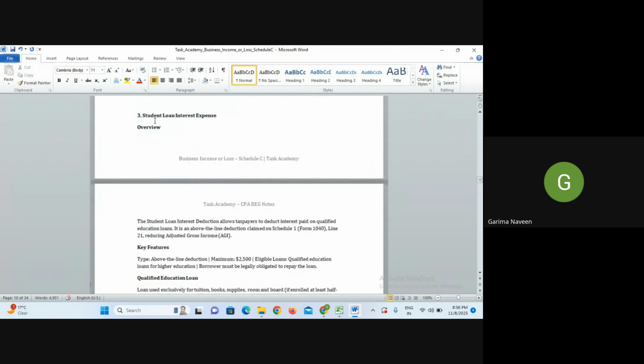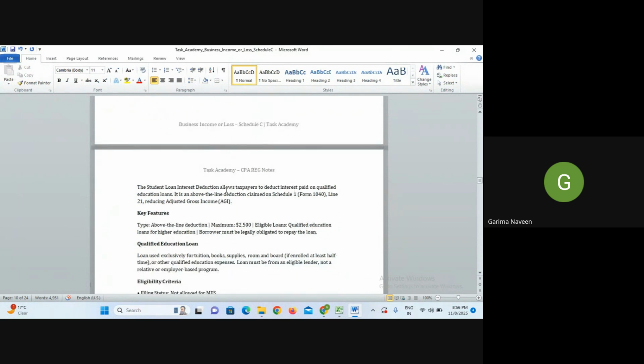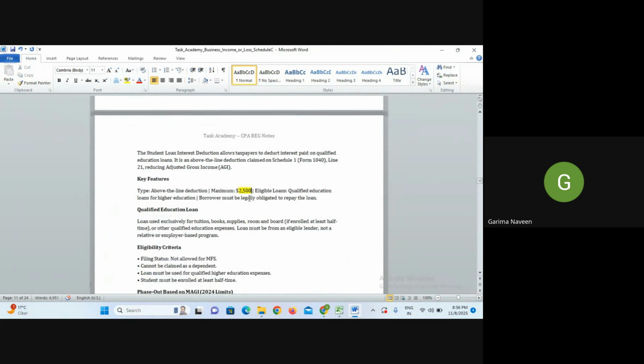Okay, so next is student loan interest expense. If you have paid interest on any student loan, then you can deduct up to $2,500 of this interest from your Form 1040. The interest should be for a qualified education, like higher education, and the borrower must be legally obligated to repay the loan. For example, if you are free from the debt obligation, then it will not be eligible.